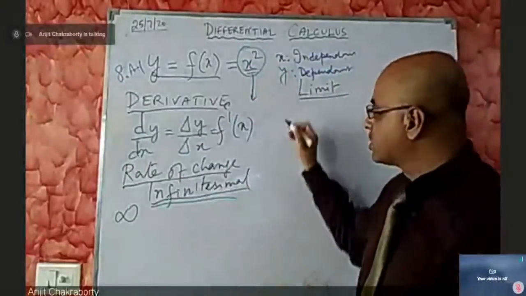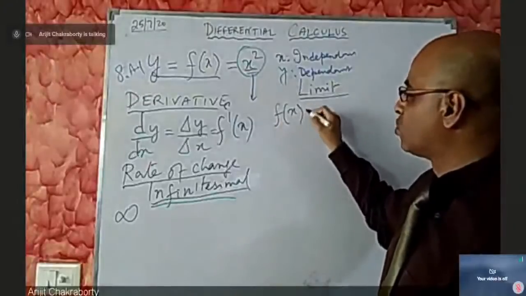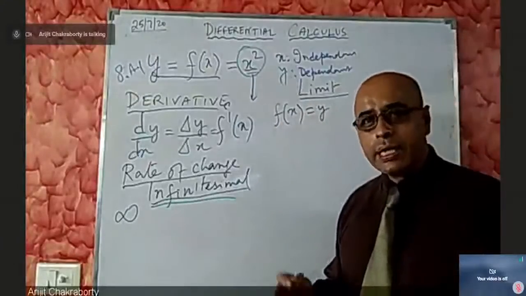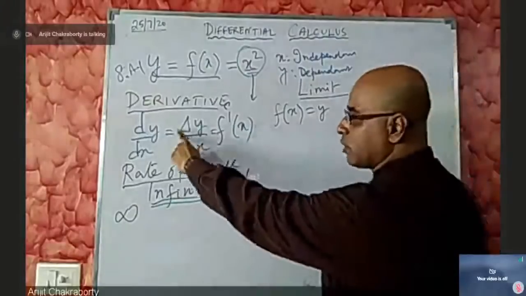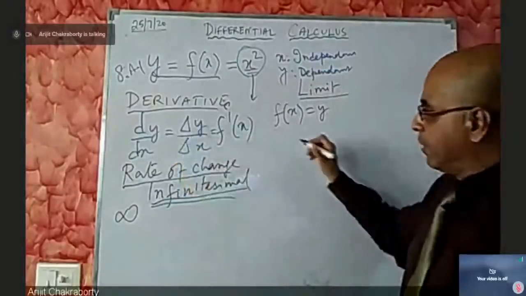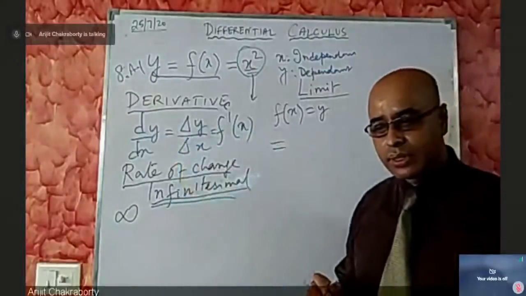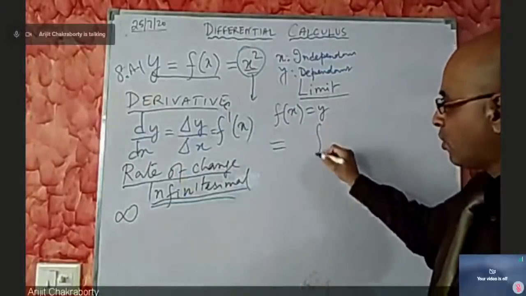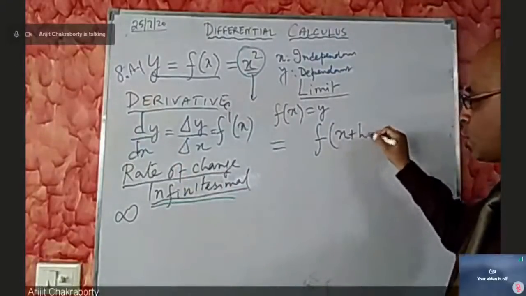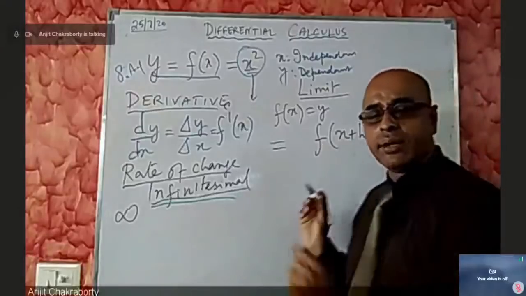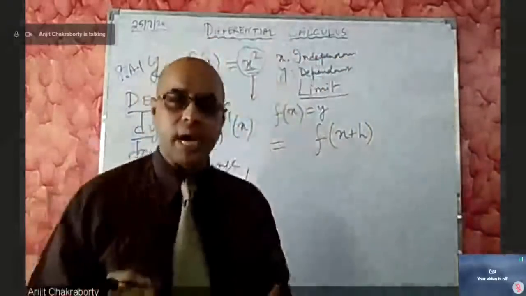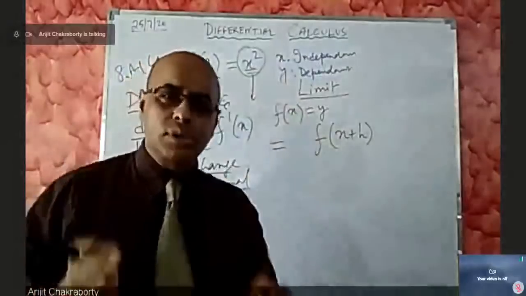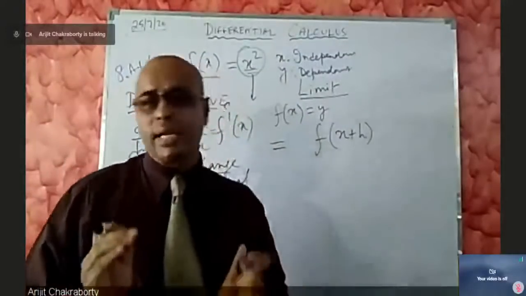So, the derivative of a function, say f(x) is equal to y. The derivative delta y by delta x basically is equal to f of x plus h. Please see this carefully, and if possible, please note it down, because we are discussing the most important concept in the derivative.